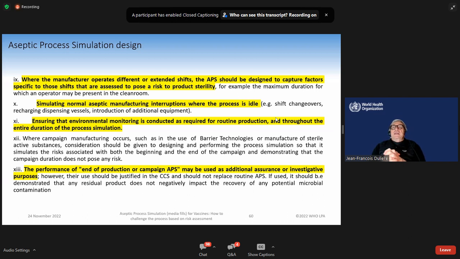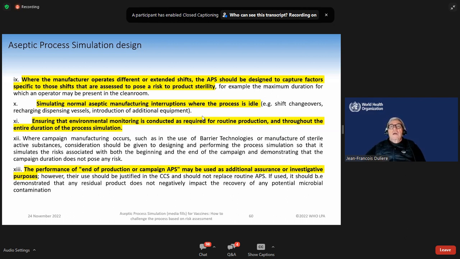The performance of end of production or combined APS may be used as additional assurance or for investigative purpose. That means that when you are working on a campaign basis, you need to assess this point in a really important way and make, for instance, the APS just after the end of the campaign.